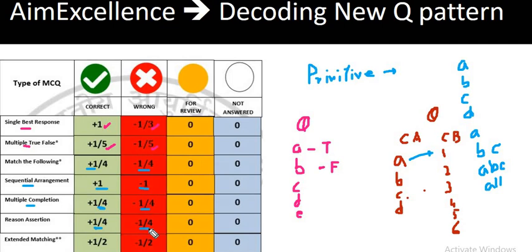Reason assertion type questions are actually taken from the UPSC examination. If you have given the UPSC examinations, you have probably seen it. The reason assertion type question generally will have 5 options.